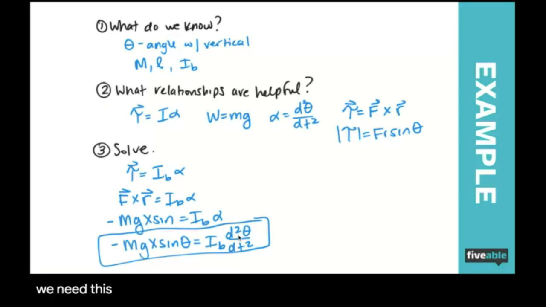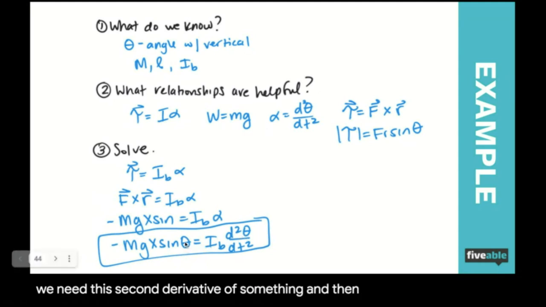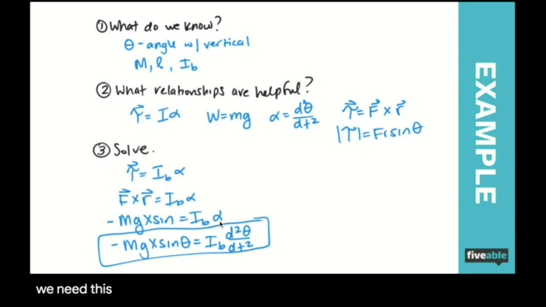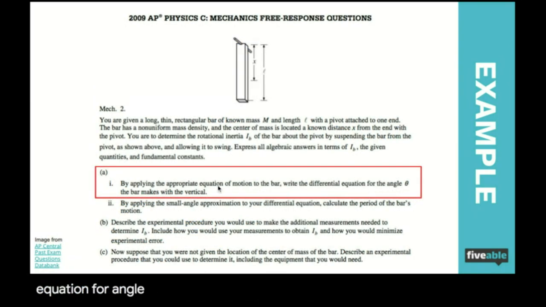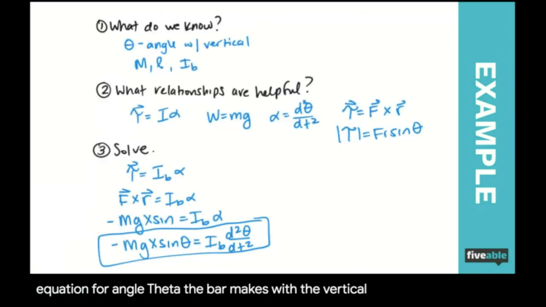So we need the second derivative of something and then the actual angle itself. So we need this angular acceleration to look like the second derivative of theta with respect to time. That's how we would find this differential equation for the angle theta the bar makes with the vertical.